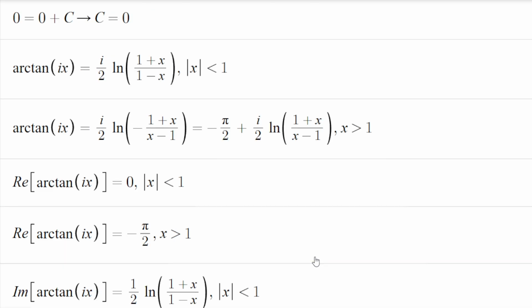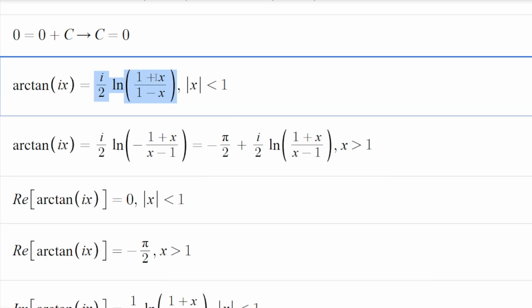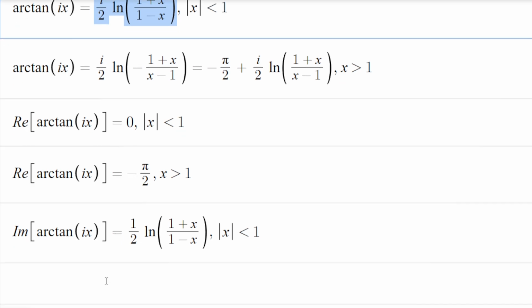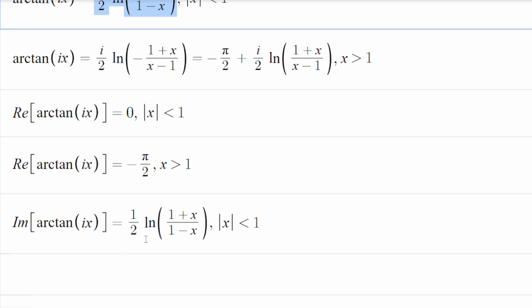All right, what about the imaginary parts? Well, for the absolute value of x less than 1, we're taking the imaginary part of this. And for x less than 1, this expression is going to be purely real. So this whole expression is going to be purely imaginary. So the imaginary part of arctangent ix for the absolute value of x less than 1 is 1/2 natural log of 1 plus x over 1 minus x.